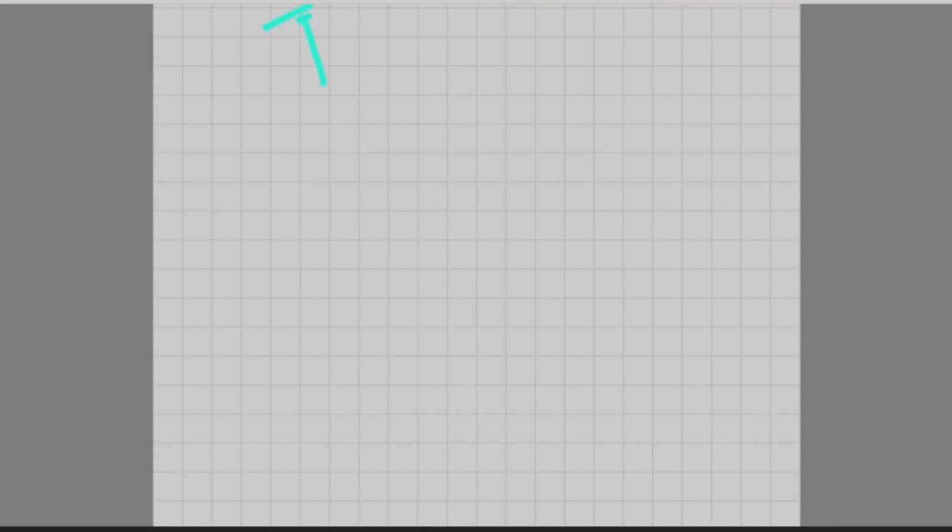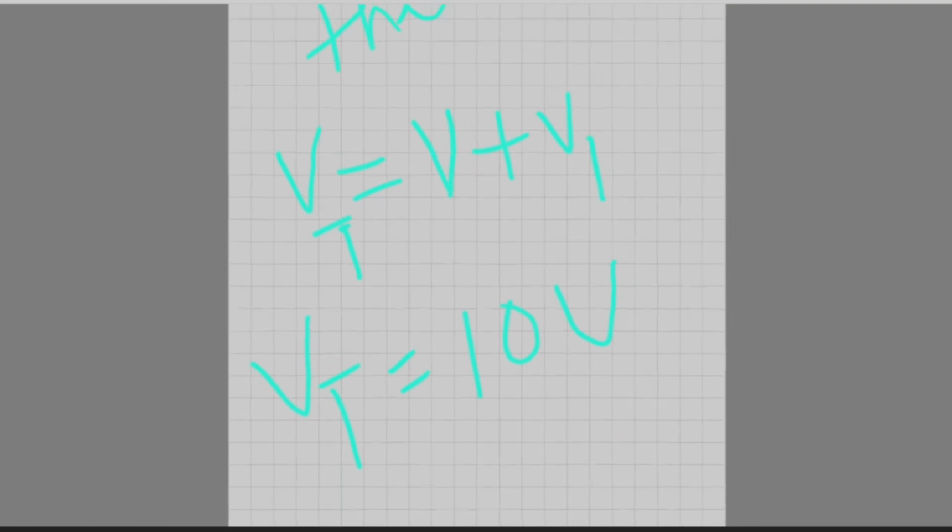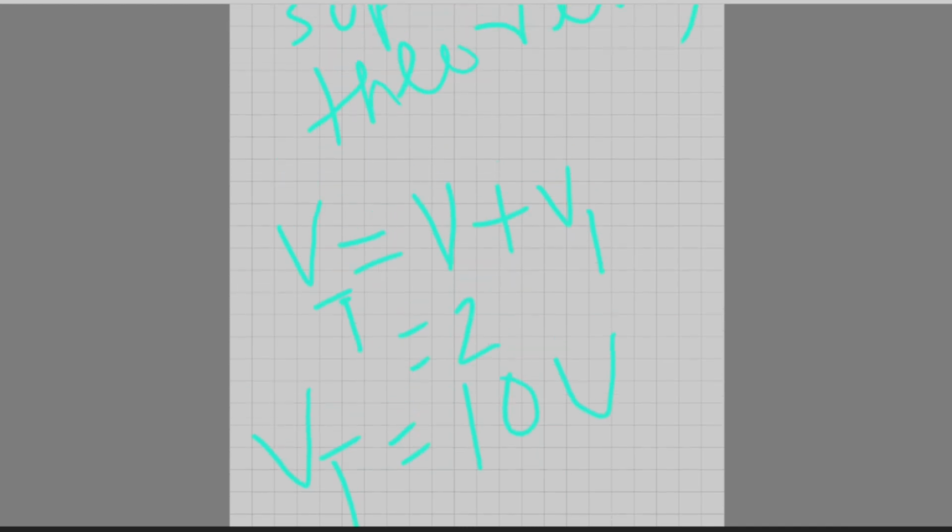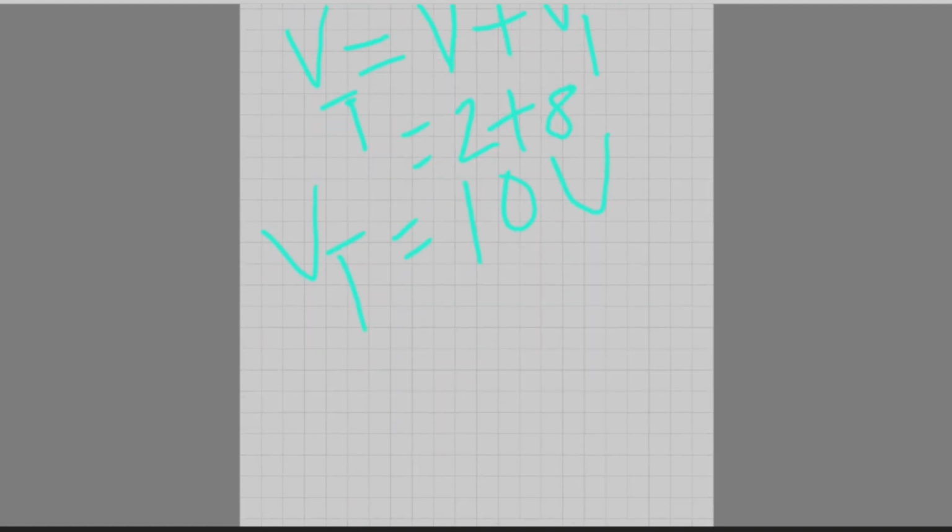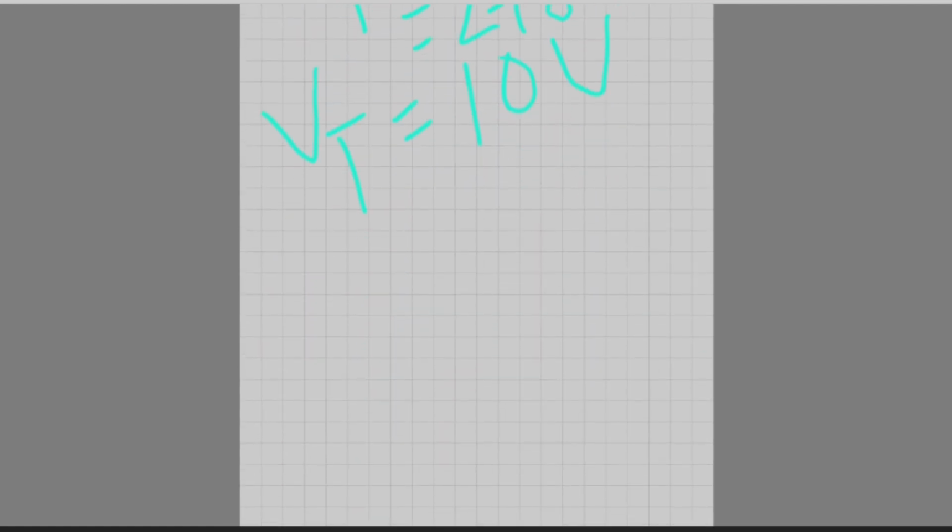So V total across the 4 ohm resistor will be 10 volt. So this question is solved.